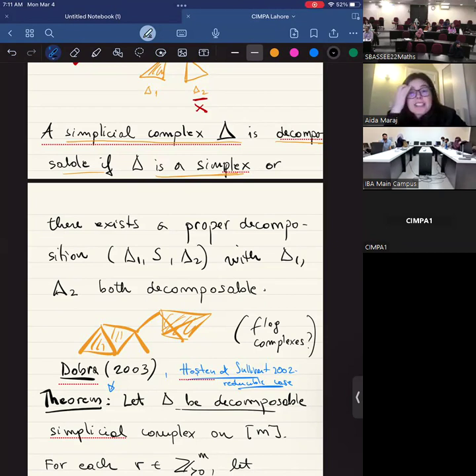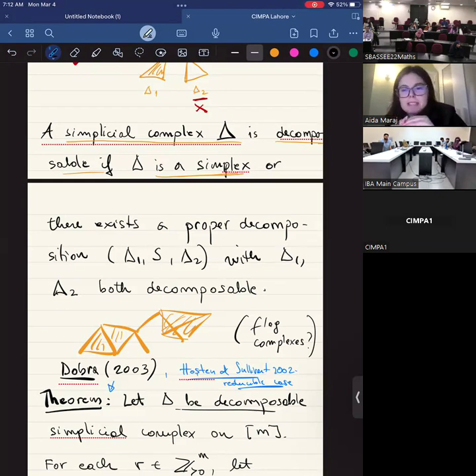Let's say this is not a simplex. Then one asks, can we write this as a union of two other simplicial complexes, non-trivial, so none of them is empty, such that the intersection is a simplex?